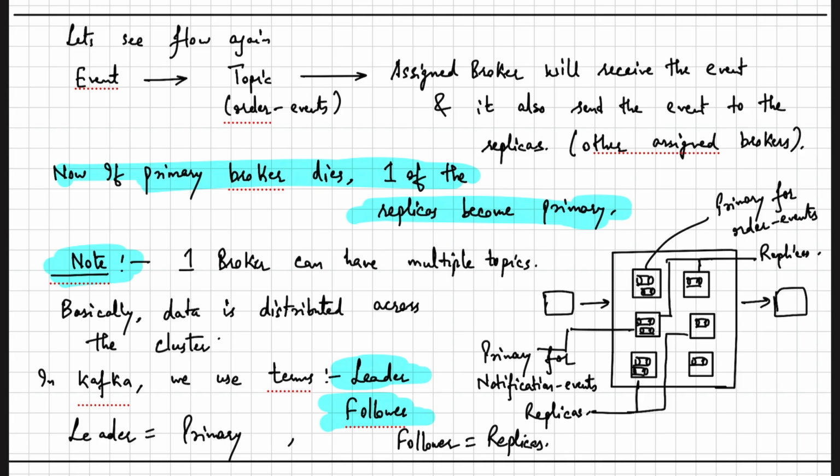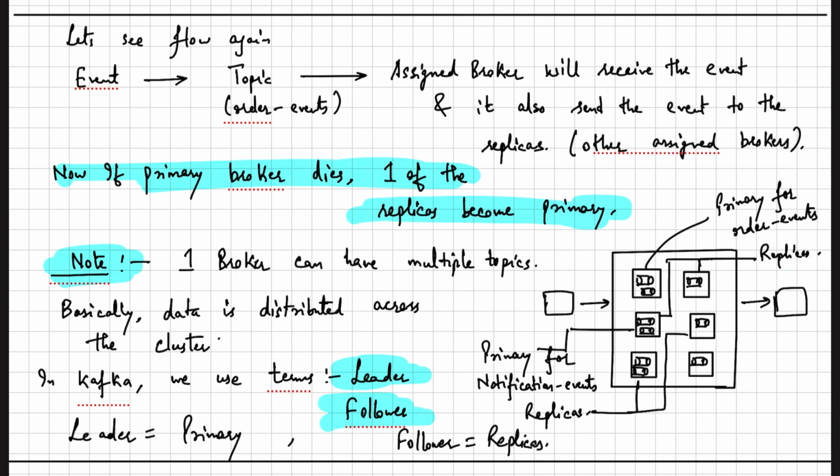The controller will decide that this broker is the primary broker for this particular topic, and these 2 brokers would be the replicas for the topic. So the controller has all the authority to decide which broker is assigned which topic, and it also maintains the metadata. Once it has the metadata, it would pass all the metadata information to all the brokers, and all the brokers maintain the metadata. That's how it works.